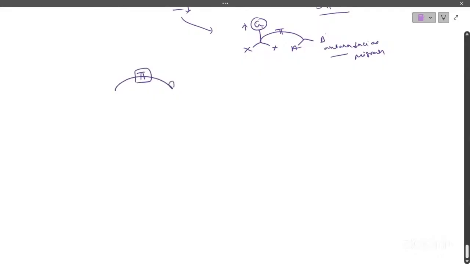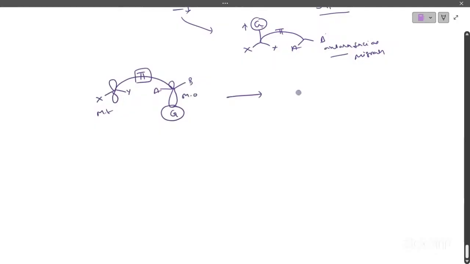The migrating group may be attached like this, A and B, suppose. It is the attached migrating group. X and Y are the migration termini. It is the migration origin.